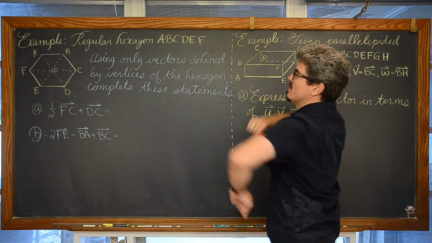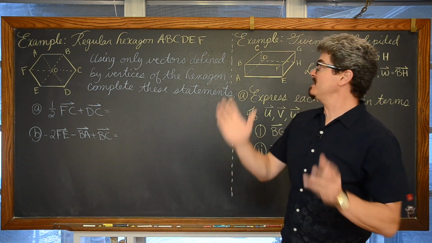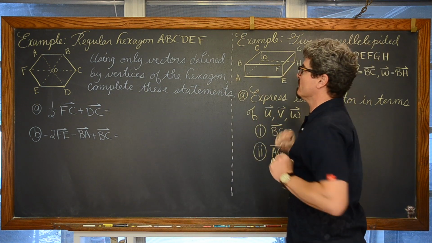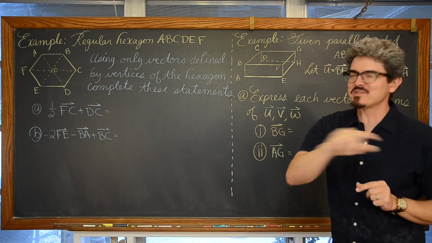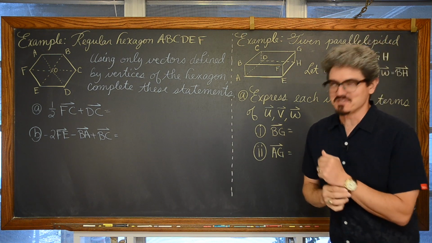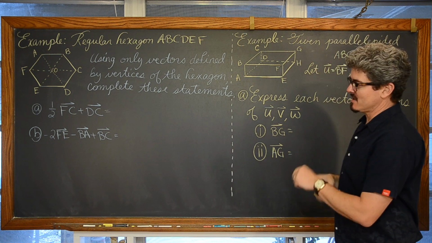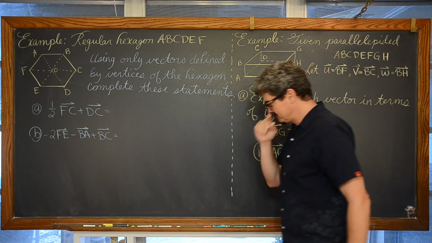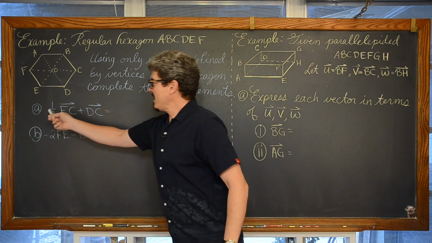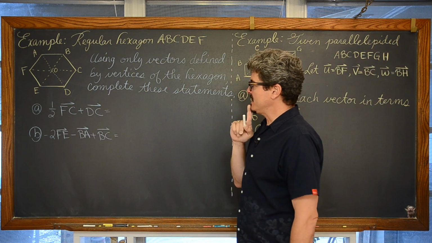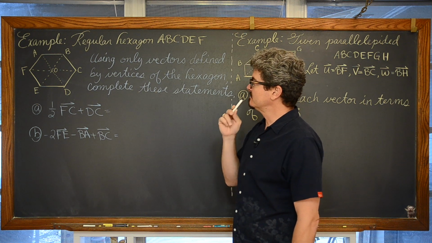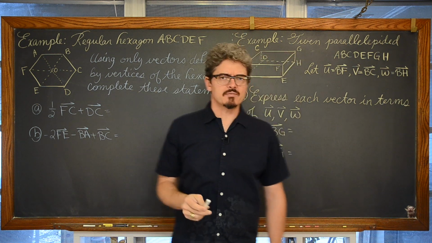We're going to take this regular hexagon A, B, C, D, E, F, and using only vectors defined by vertices of the regular hexagon, complete these statements. I want to rewrite 1/2 FC plus DC. Okay, so 1/2 FC.